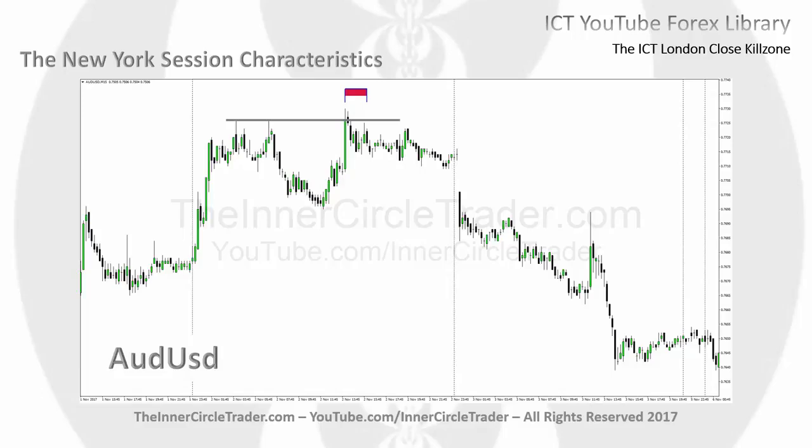If you study the things I've given you thus far, we went through the Asian session, the London session, the New York session, and now we've completed the daily range with the London close Killzone. So we have everything at our disposal in terms of defining the daily range.